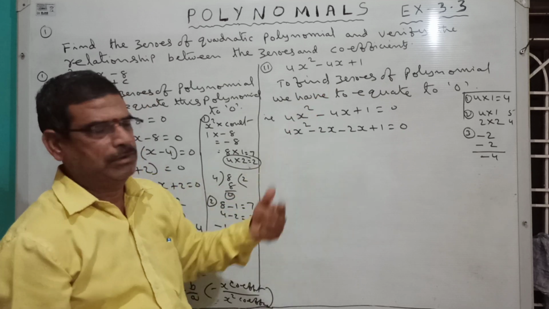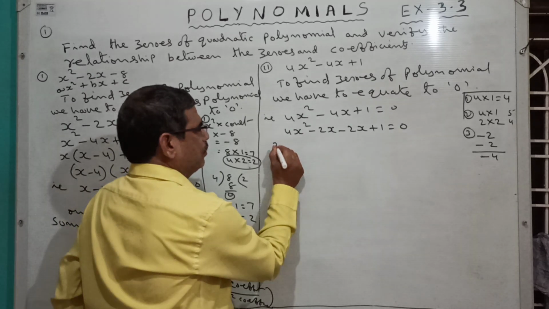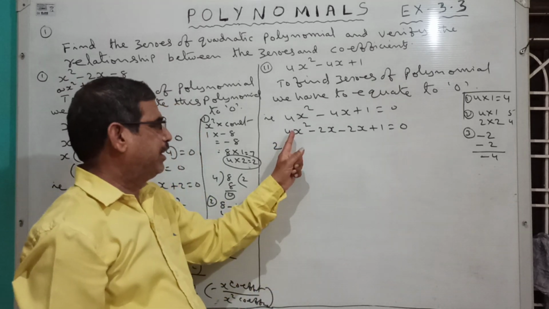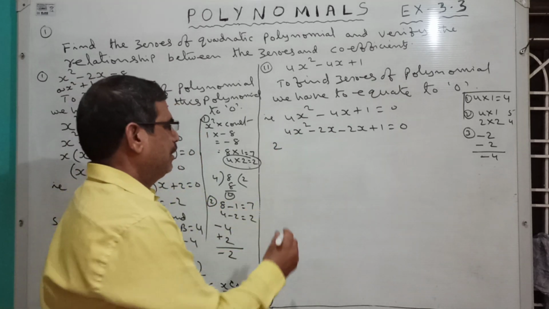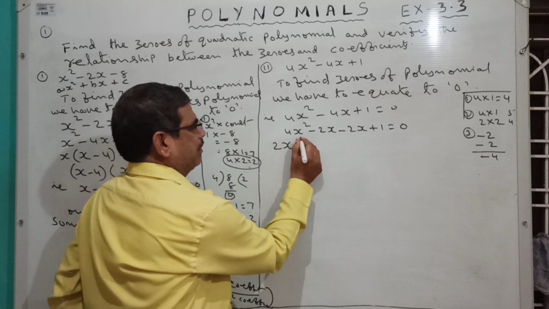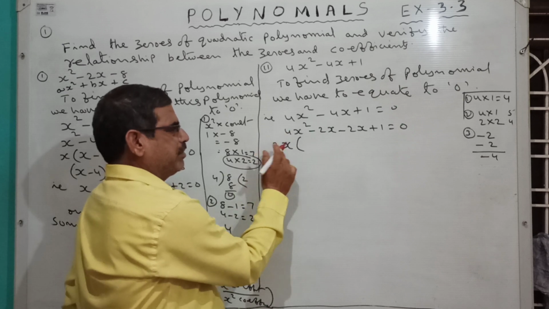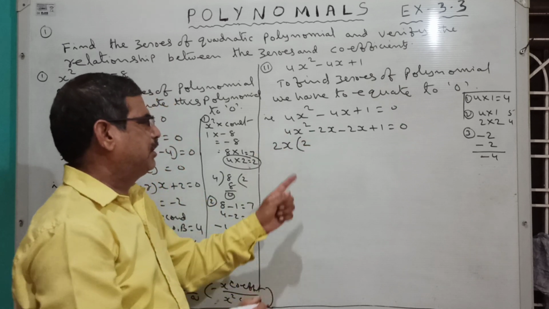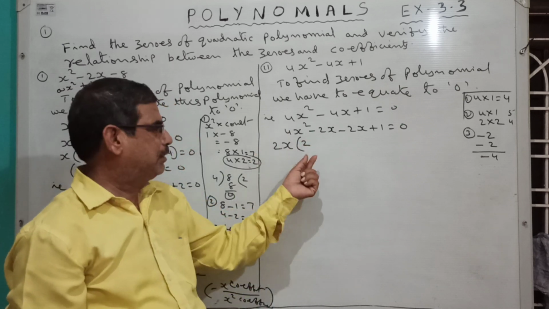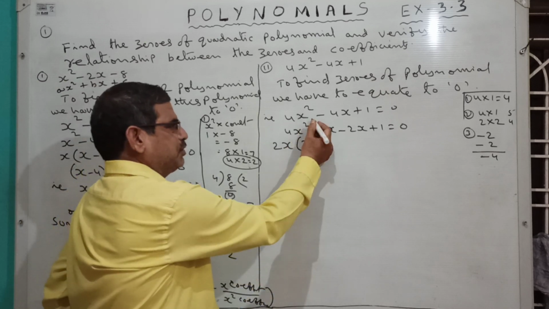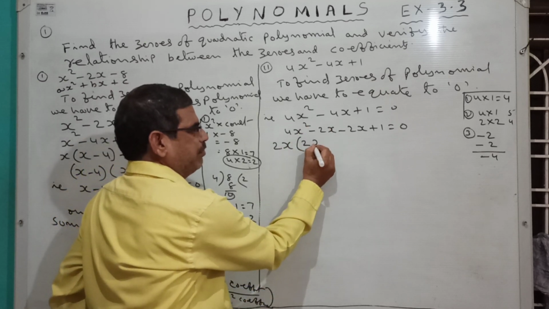So I will take 2 outside. Here x is there, here also x is there, and I also take x outside the bracket. Here in 4, 2 came outside, another 2 is there. So dividing 4 by 2, answer is 2. X square, 1x came outside, another x will be there.